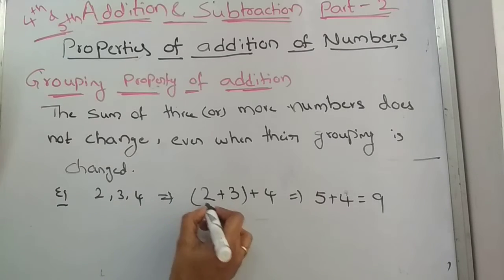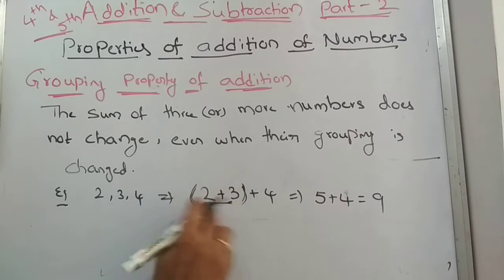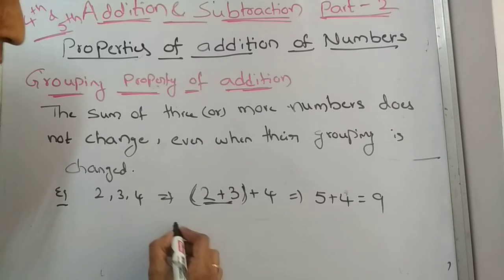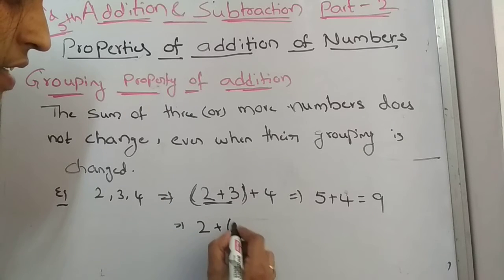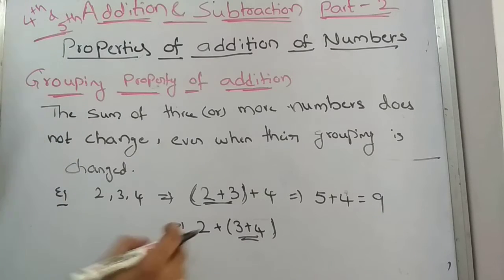First you should do this operation. Whatever is in brackets, these 2 numbers, first add them. Okay, 2 plus 3 plus 4. First you should do this operation. After that you can add this result to the other number.